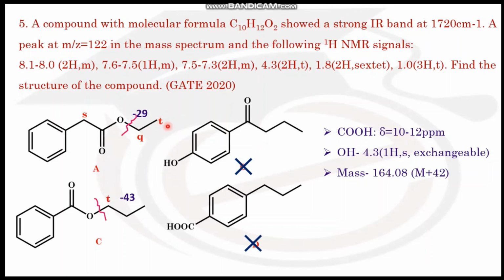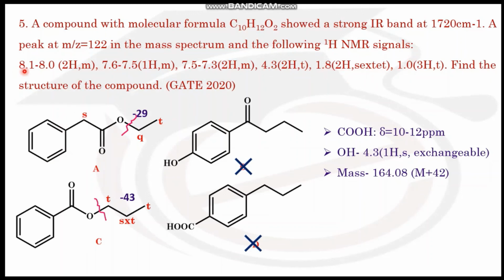Coming to this compound, this will be a triplet, this will be a sextet, and this will be a triplet. Here you can see this is CH3, 3 hydrogens from here and 2 hydrogens, overall 5 hydrogens are there. So in the option you can see that there is a triplet, a sextet, and a triplet.